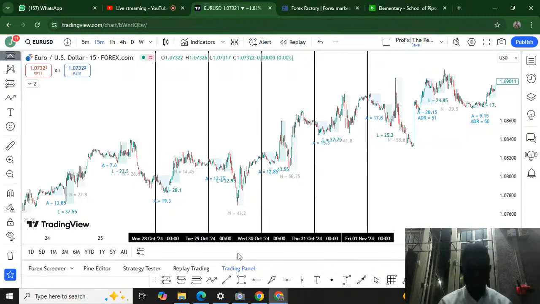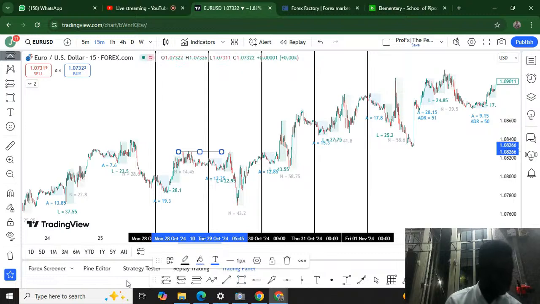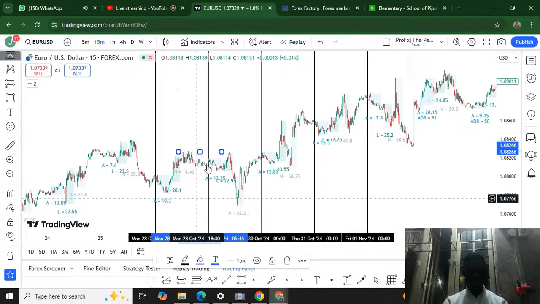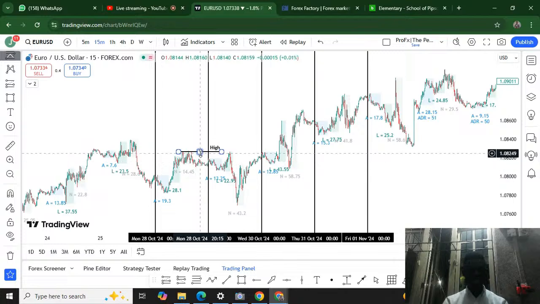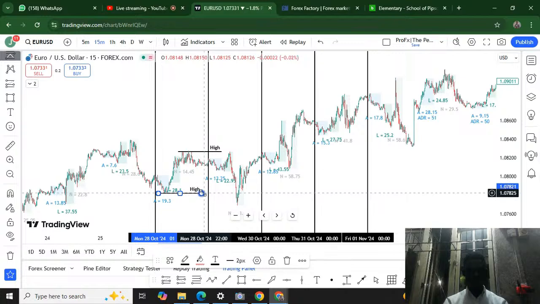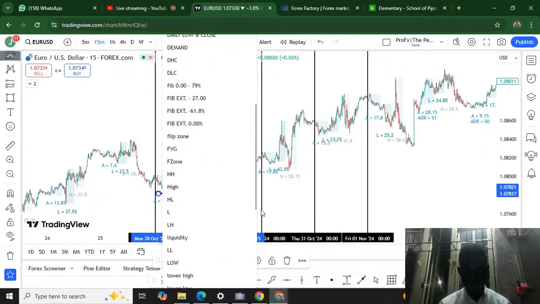So for Monday, once Monday is done, just mark out the highest price Monday got to, which is here. That's the high. And the lowest price for Monday is here. That's the low. So you want to extend Monday into the next day to know if the highs or the lows will be manipulated.